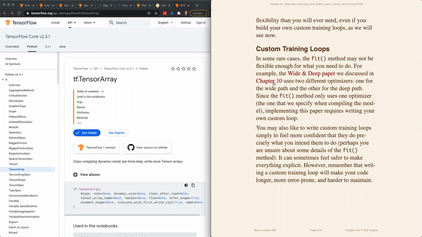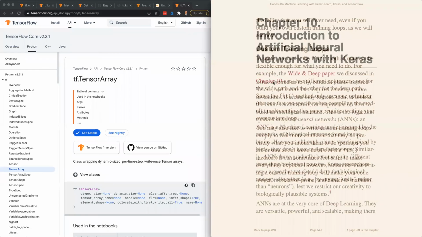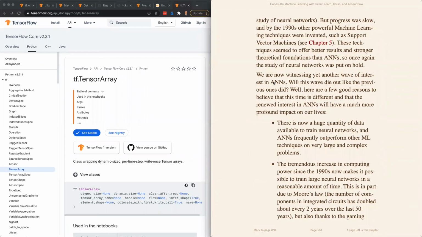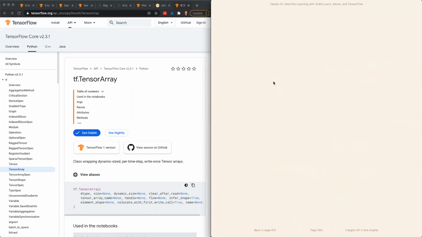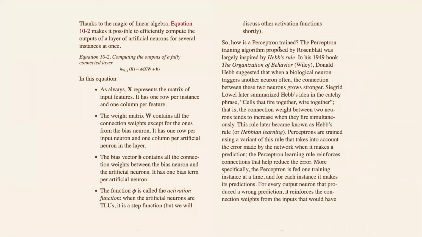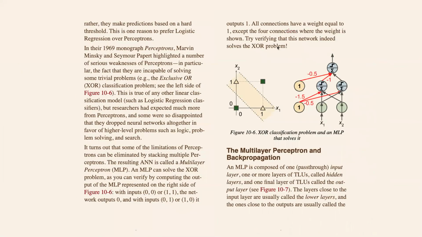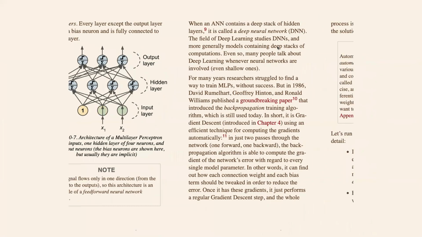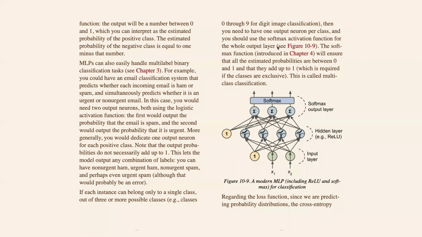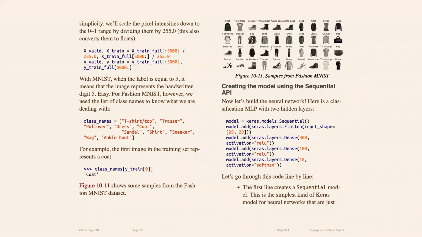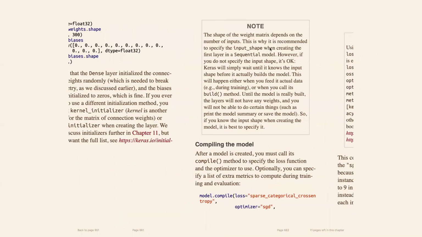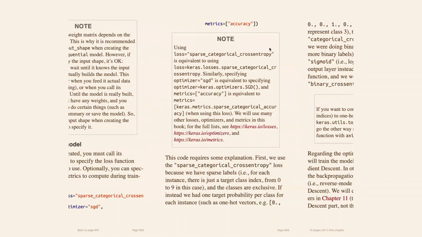I think if we go here, he's talking about the wide and deep. I think it was ResNet, not ResNet, but auxiliary net.